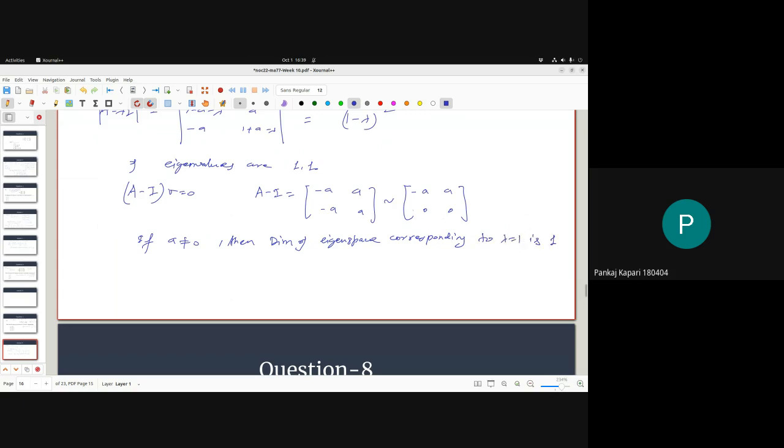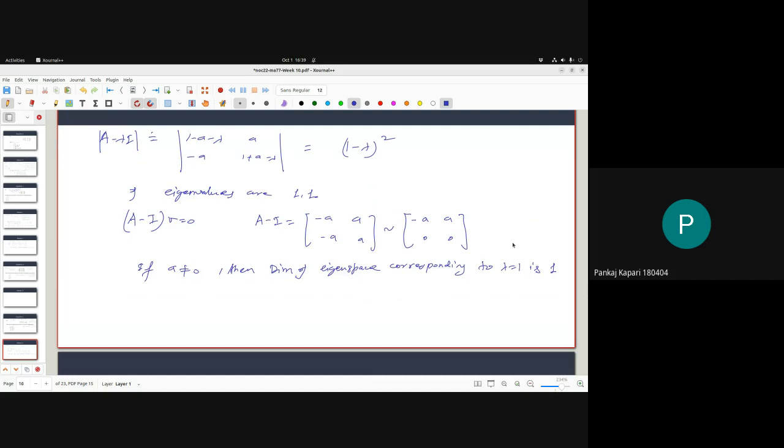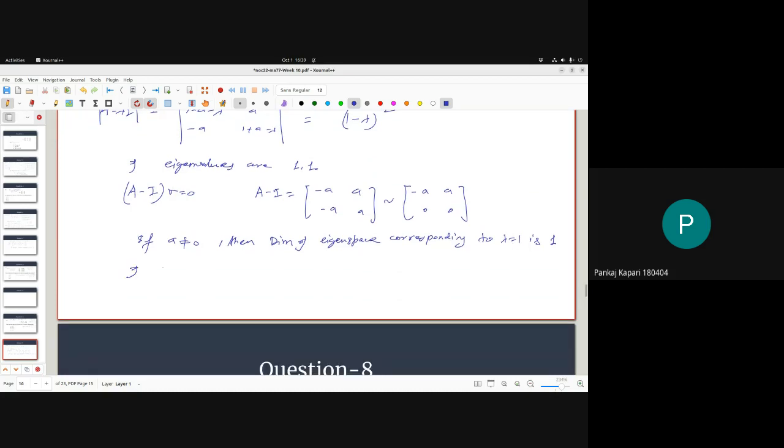If A is non-zero, then there is only one free variable, and that is the dimension of the eigenspace. But then you will only have one linearly independent eigenvector, and we need two linearly independent eigenvectors. So this implies that the matrix will not be diagonalizable.